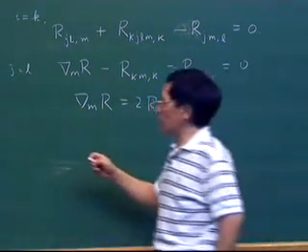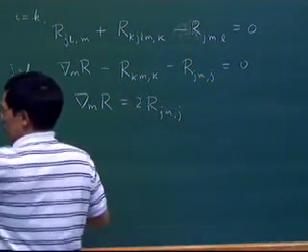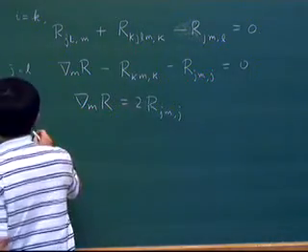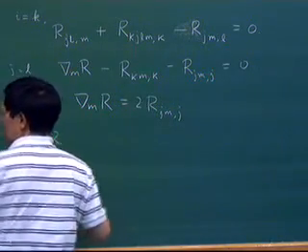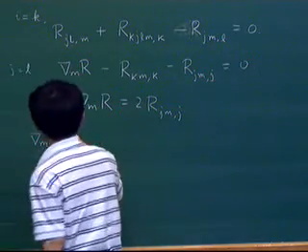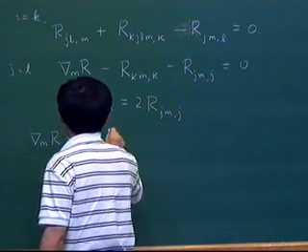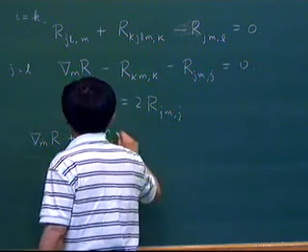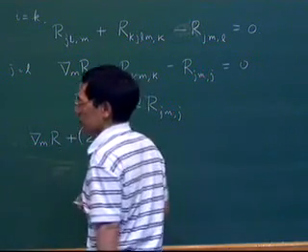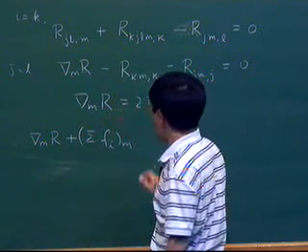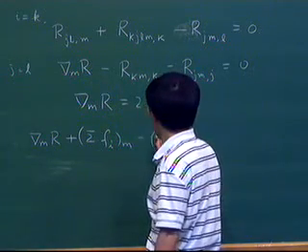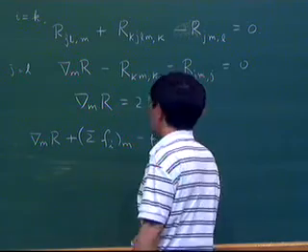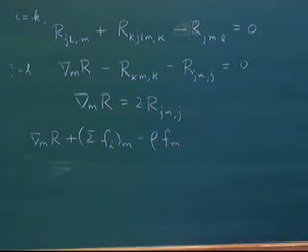So we just take the derivative of this equation. We have gradient m R, and this is the sum of f_i. We take m here, and we need to compute this.